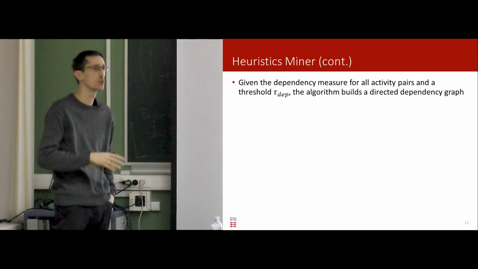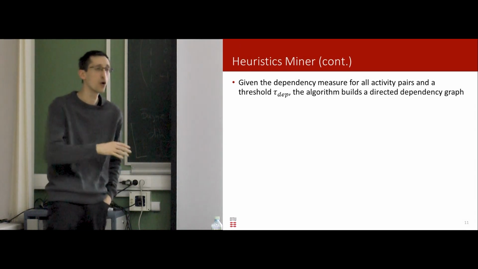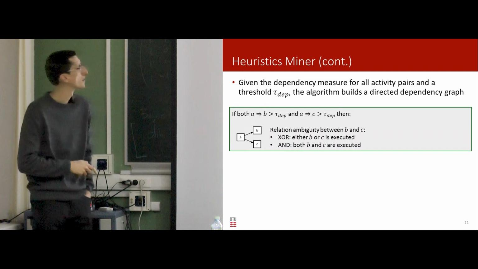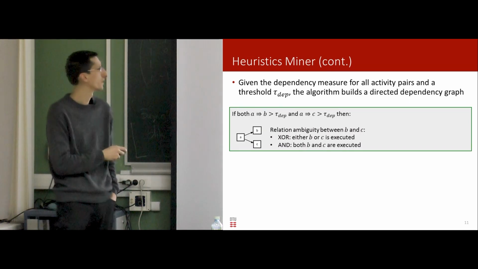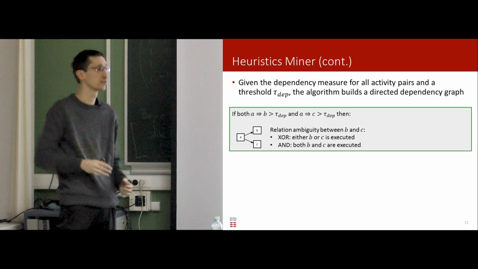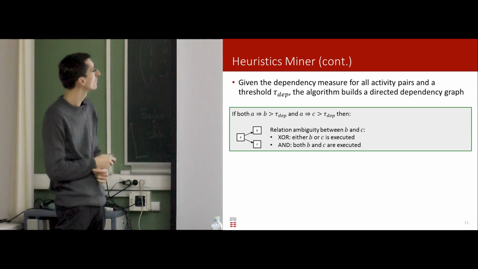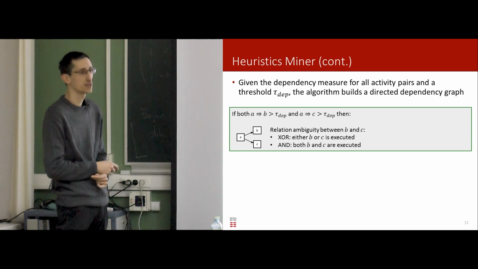Once we compute this dependency measure between all possible pairs of activities, we can apply some threshold, let's call it tau dependency. The algorithm can then build a dependency graph considering all the connections that we can infer. However, if we have this situation here, a dependency between A and B, and a dependency between A and C as well, then we have some ambiguity that we want to solve.